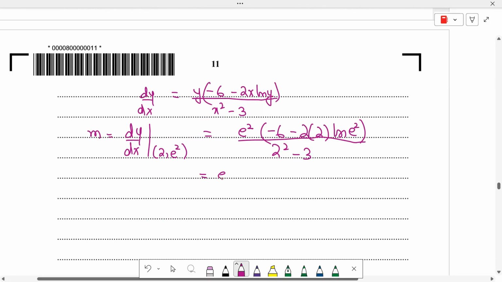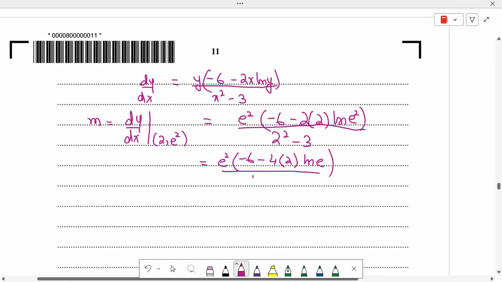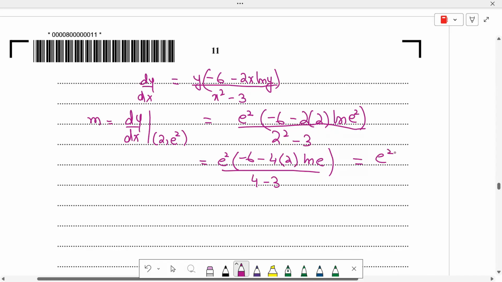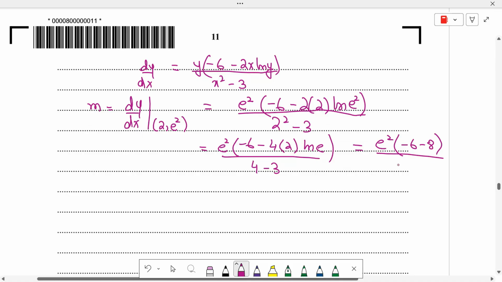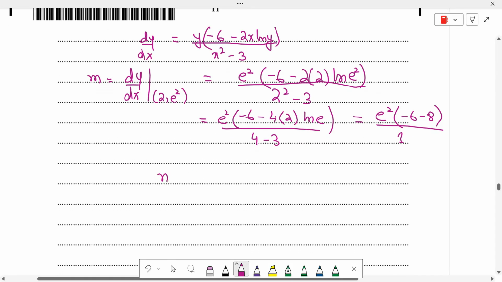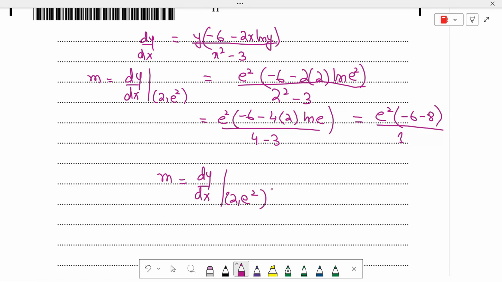This is equal to e to the power of 2 times negative 6 minus 2 times 2, which is 4, and by using the property, 2 will be shifted here, and ln e over 4 minus 3, and ln e is 1. So this is equal to e to the power of 2 times minus 6 minus 8, and ln e is 1, over 1, so we will have the slope dy over dx at 2 comma e2 equal to negative 14 e square.